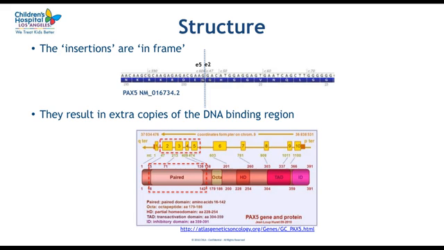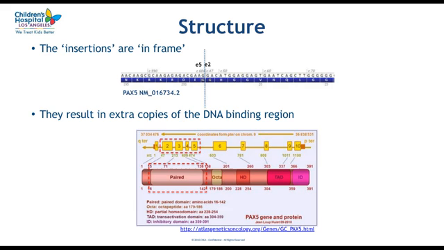The other insight that we got from our studies about this abnormality was about its structure. Our cases also typically involved exons 2 to 5. And when you look at the junction between these exons, it is predicted at the mRNA level that it would be in frame. So this abnormality is not really predicted to disrupt the gene, but rather to result in extra copies of a certain region of the protein.